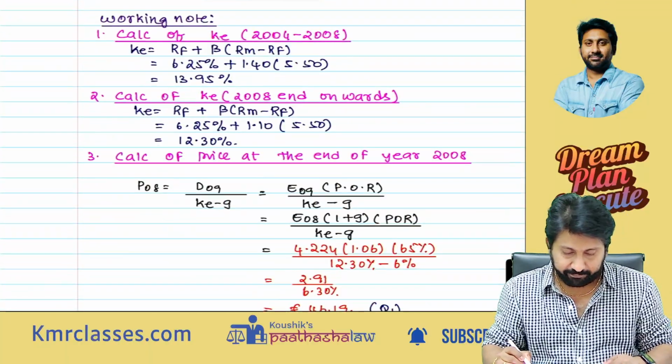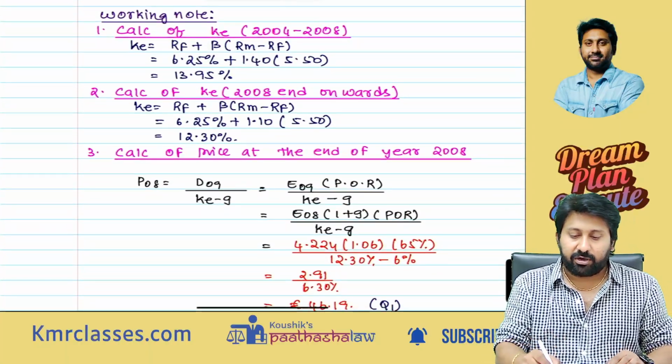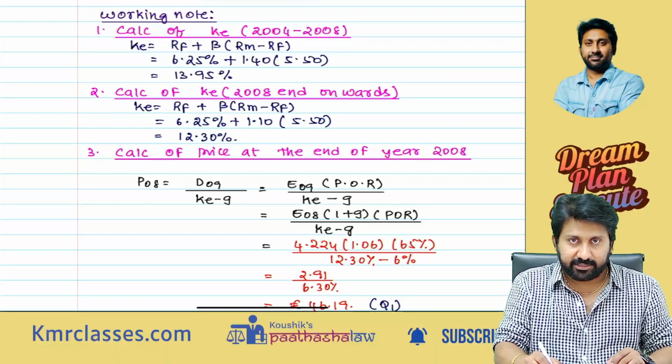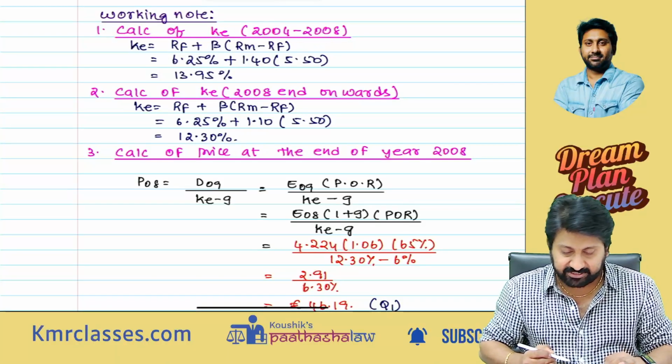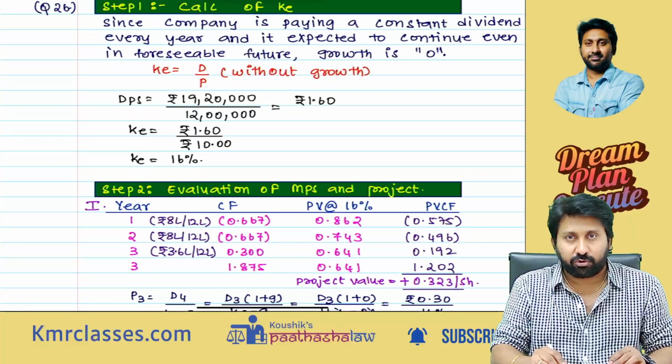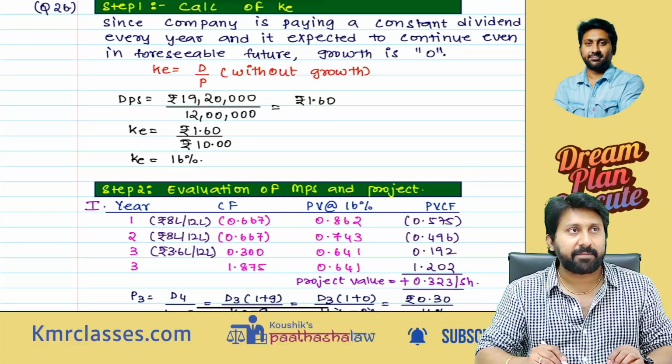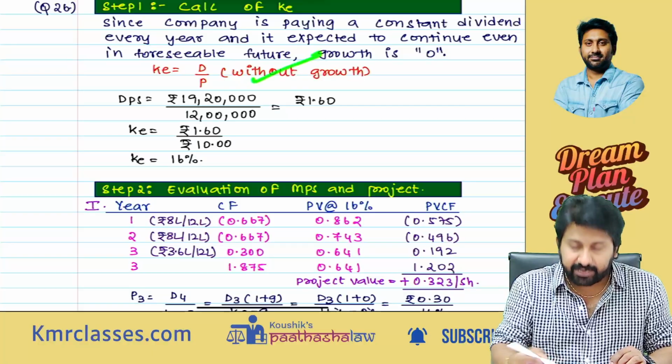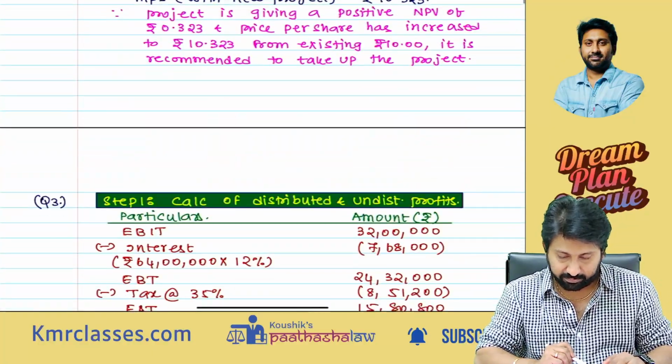Next, whenever you have to calculate KE with the RF figures, then KE equals RF plus beta into RM minus RF. Whenever KE has to be calculated without growth, instead of calculating D1 by P naught, you can calculate D by P directly.